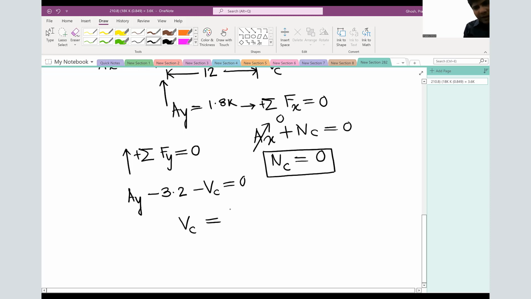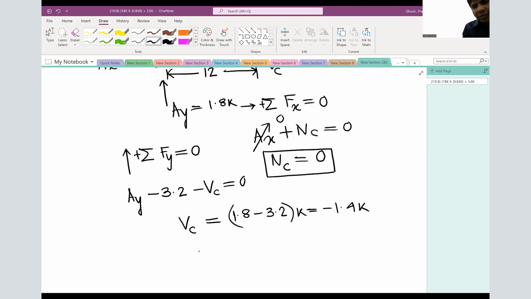So 1.8 minus 3.2 kips, negative 1.4 kips. So with our original sign convention, it is downward from the right side, but we got a negative value. That means it is going upward. So we see 1.4 kip upward. So we are swapping the sign.